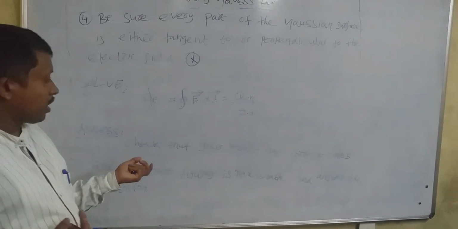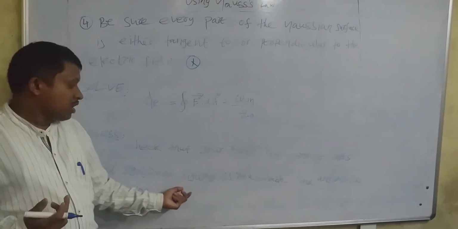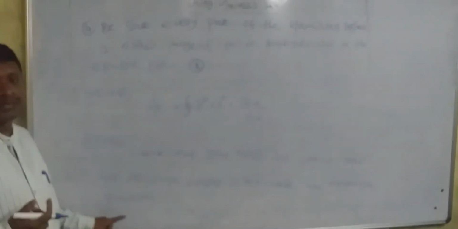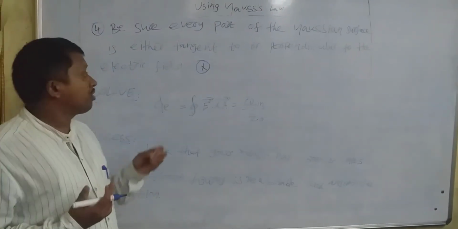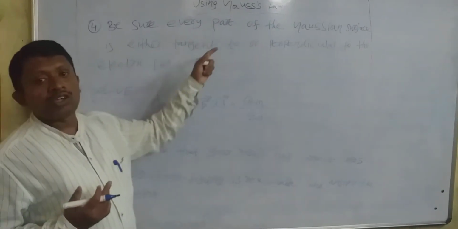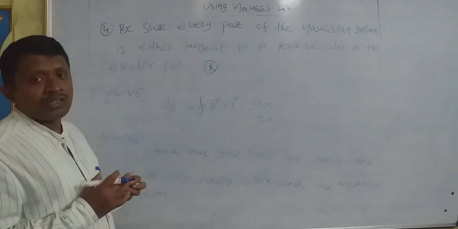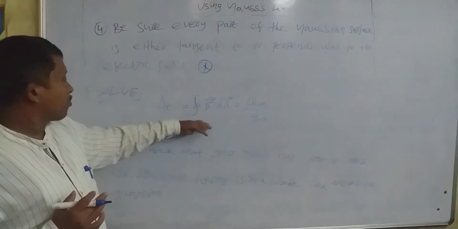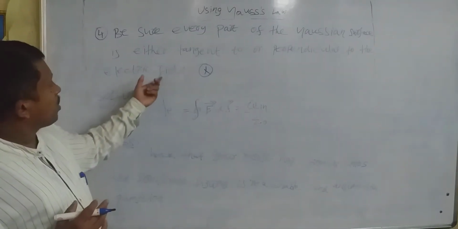Check that our result has the correct units and significant figures, is reasonable, and answers the question. These are the important points to remember to solve numerical problems using Gauss's law. First set the model, then visualize, then use the Gauss's law formula to solve, and then check. So visualizing the model is an important point.